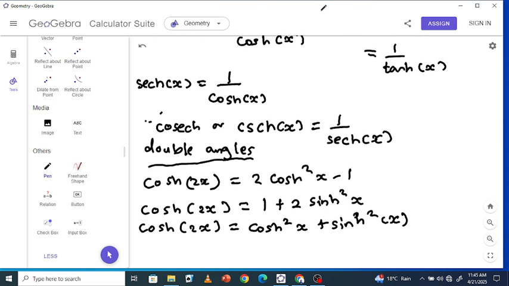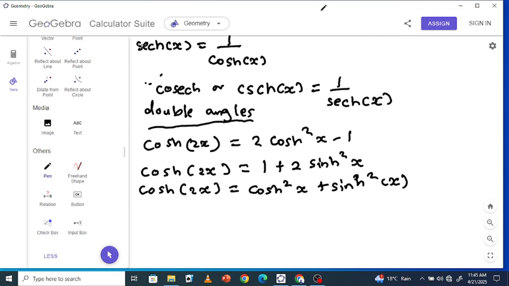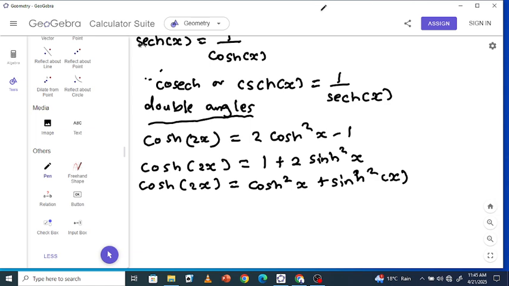You can see in the trigonometric identities, cos squared x plus sin squared x gives us 1, but in the hyperbolic double angle identities, cosh squared x plus sinh squared x gives us cosh 2x. Another identity that we have is that cosh squared x minus sinh squared x is what gives us a 1.